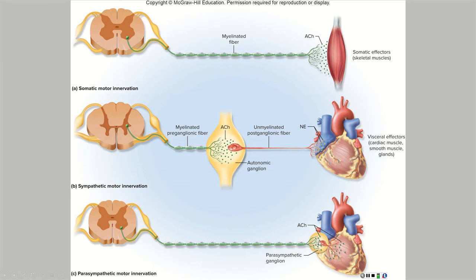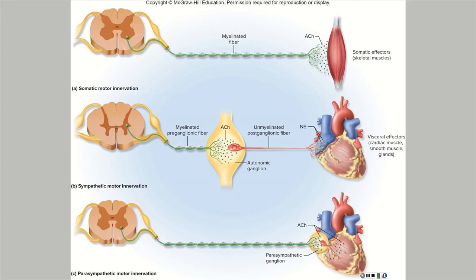We have a cell body there that just has to go from that ganglion on the organ to the organ itself. So the postganglionic neuron is very short. Parasympathetic nervous system, very long preganglionic neuron. Ganglion is on the surface of the organ that it is innervating. Very short postganglionic neuron.